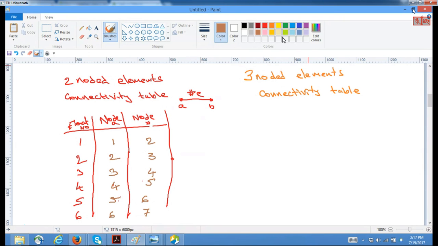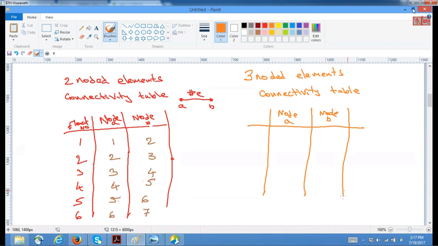Similarly, let's have a look at our three-noded element for the same thing. Node A, node B, and node C, and this is our element. How many elements are there? We have 1, 2, and 3.